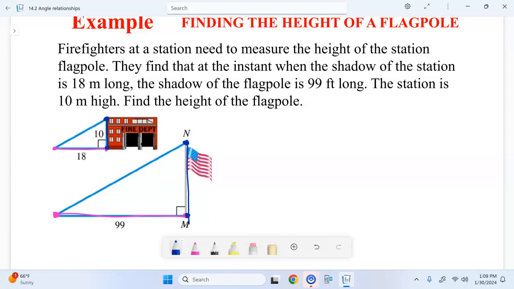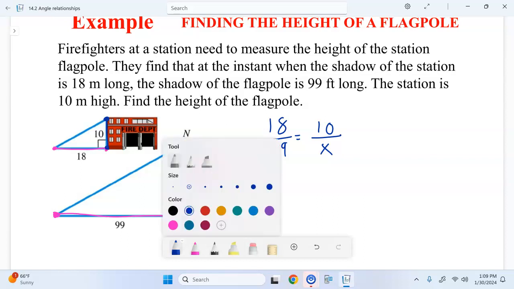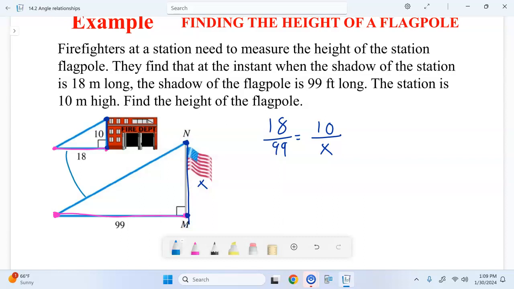18 over 99. Those are corresponding sides. Has to equal what? So let's just label this X or H, something, so it's nice and easy. 10 over the height of our flagpole. When you're writing the proportion, make sure that things match up with each other. The corresponding sides form the same fraction.